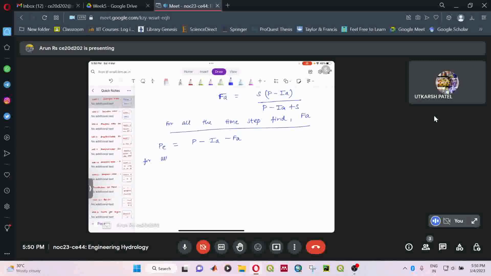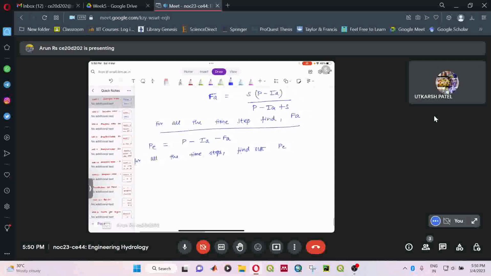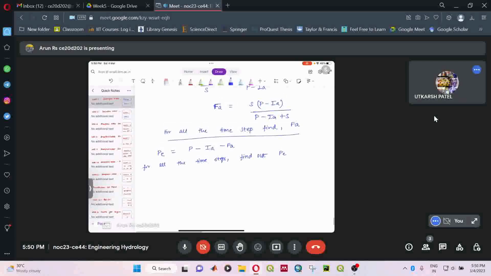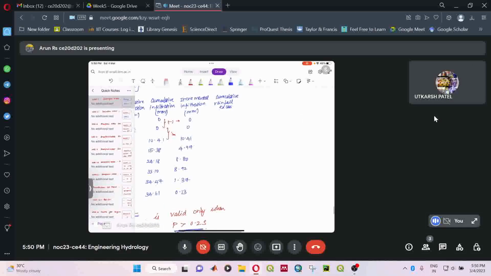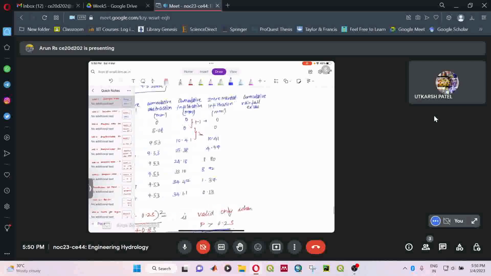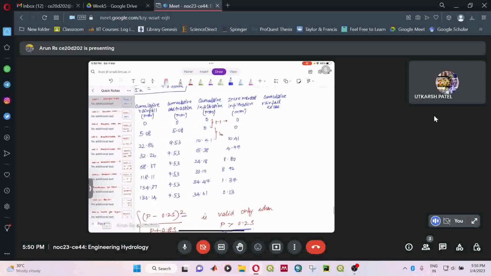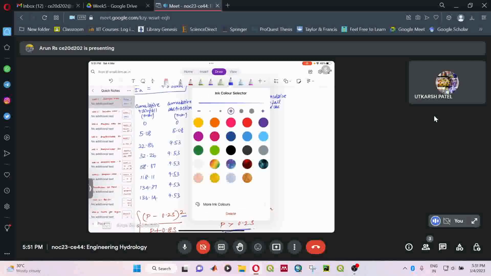So for all the time steps, find out PE. Similarly, I have calculated for all the time steps, and I have cumulated it based on the rainfall that is happening.